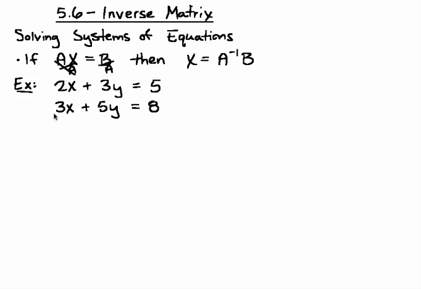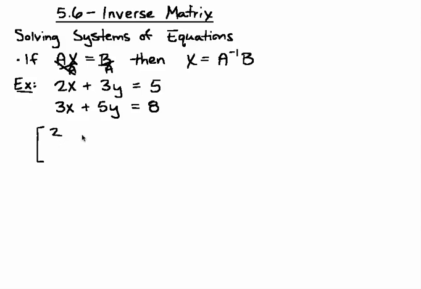So in this example, I want to do two things. I want to first write this as a matrix, and second, I want to use the inverse to solve for x and for y. So when writing this in terms of a matrix, I'm going to have three matrices. I'm going to have an A, an X, and a B, like I have in my rule up here.